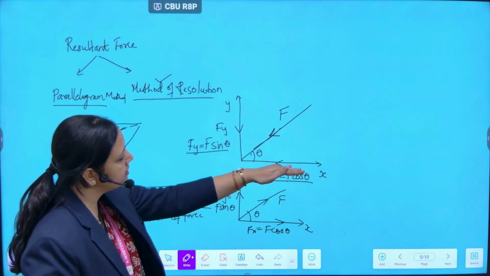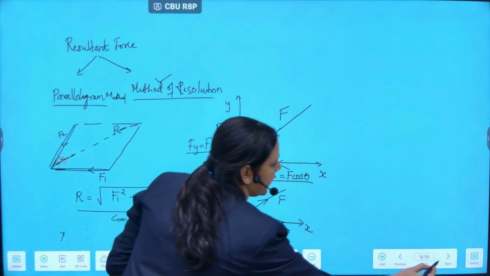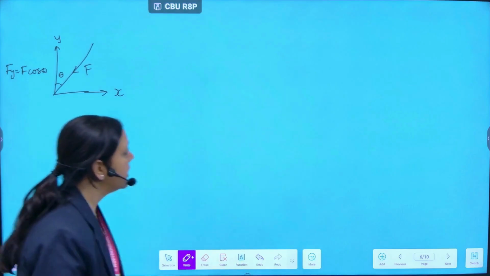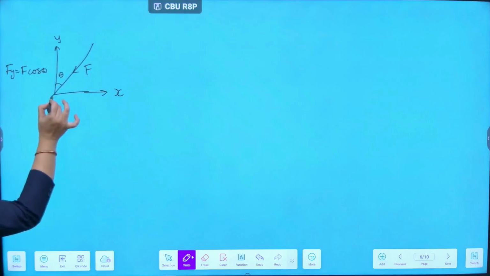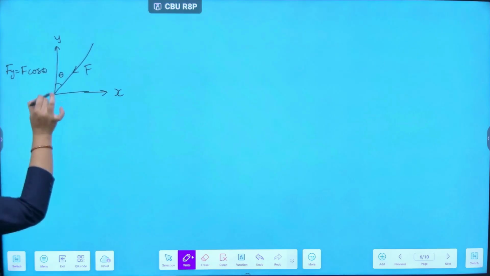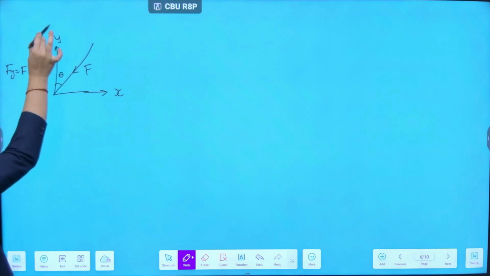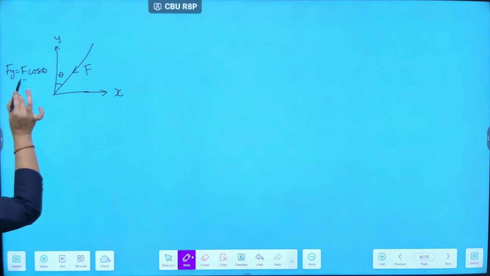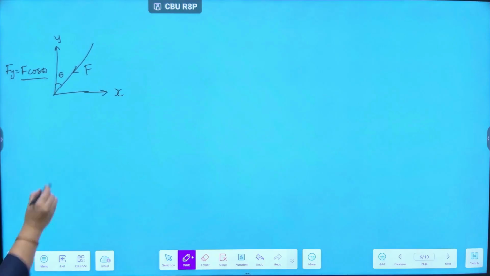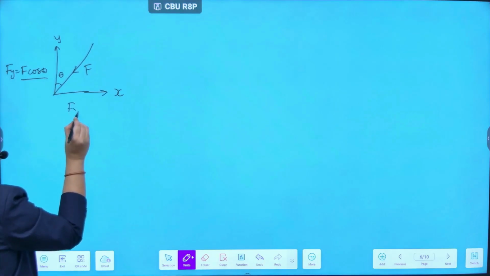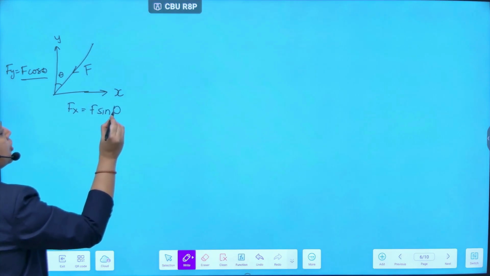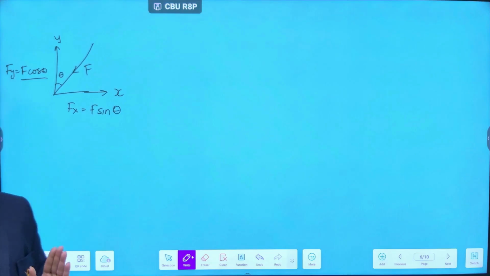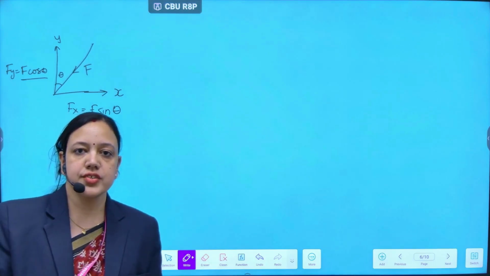So in this case it is x axis, and in this case, because the force is inclined and making an angle theta with y axis, our reference axis over here is y axis. So Fy is F cos theta and Fx is F sin theta. We need to very clearly understand which axis the force is inclined to.